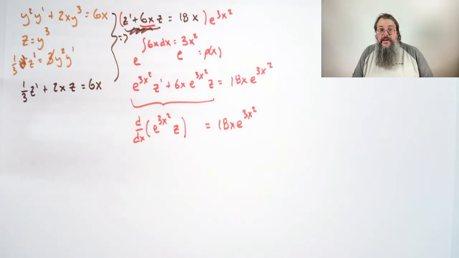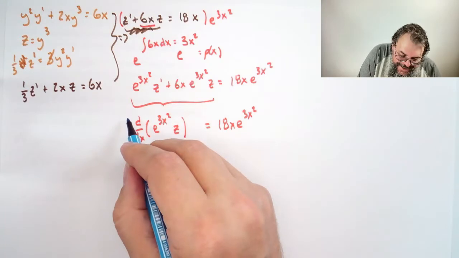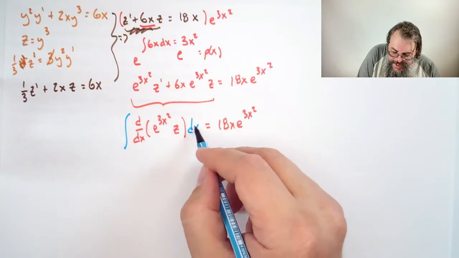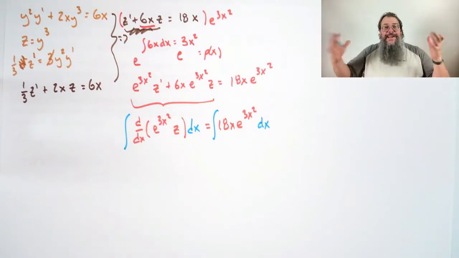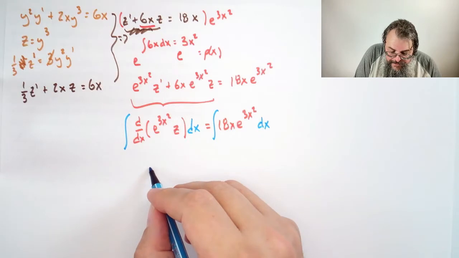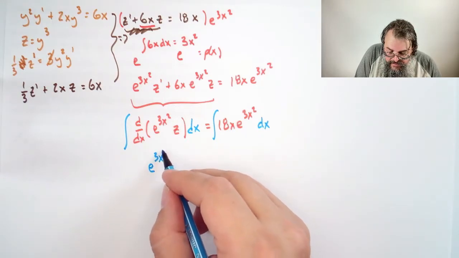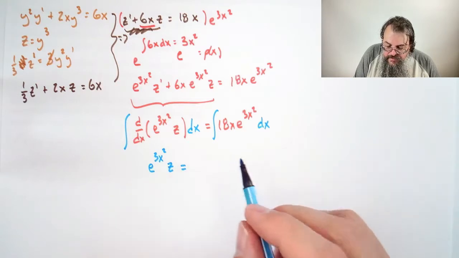Now you might be like, e to the x squared, how are we going to integrate that? And then you're like, oh, I see what they did there. Yeah, that's right. They set us up to succeed because that's what mathematicians do. They like you to succeed.